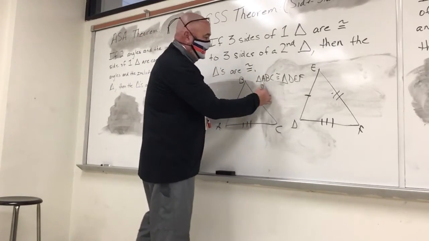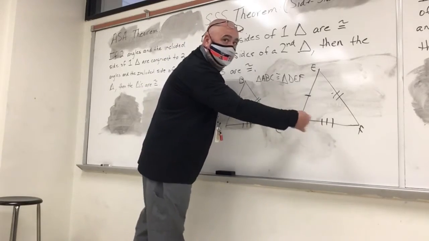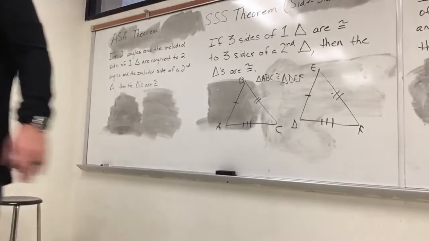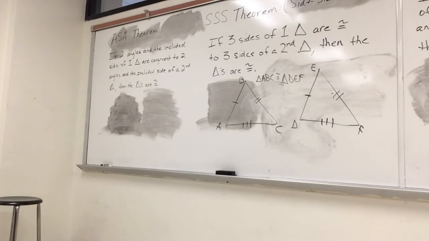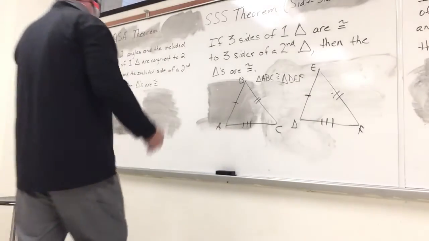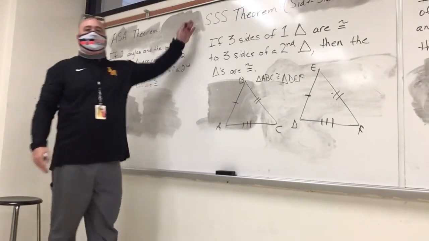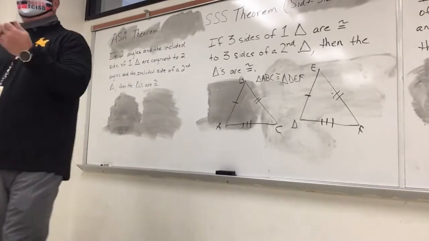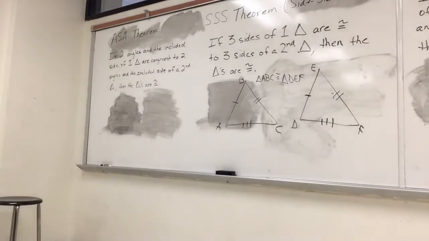AC has to match DF. Everything has to match, so it does make a difference how you write it. That's the SSS theorem, probably the easiest theorem there is. If three sides of one triangle are congruent to three sides of another, then the two triangles are congruent. Bing, bang, boom, done.